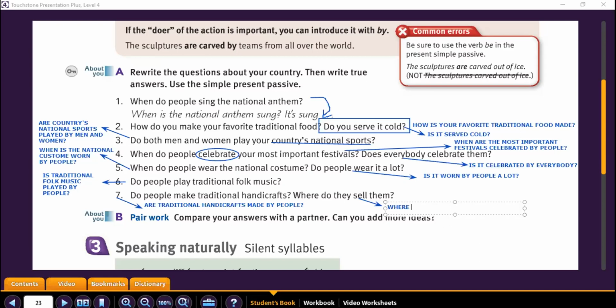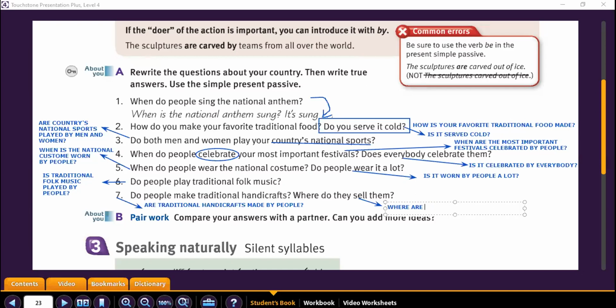Entonces, where are, perdón. Where are sell them? Where are, el pasado participio de sell. Este sí es verbo irregular.